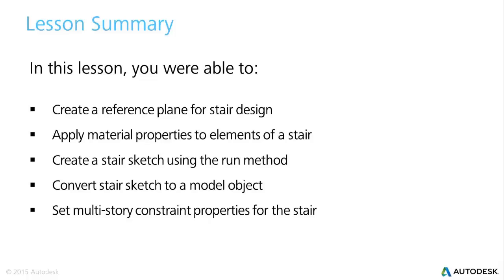Next, we created a stair sketch using the run method, creating a 2-run combination that went in opposing directions to create the U shape. And then we converted the stair sketch to a 3D stair model element. And then last, we set the stair properties for multi-story, so it would go from level 1 to level 3.